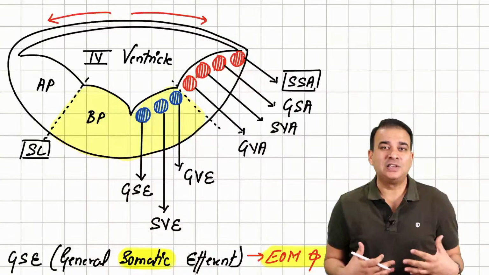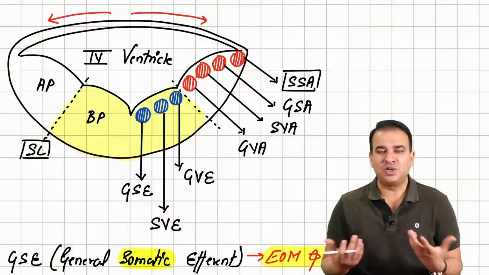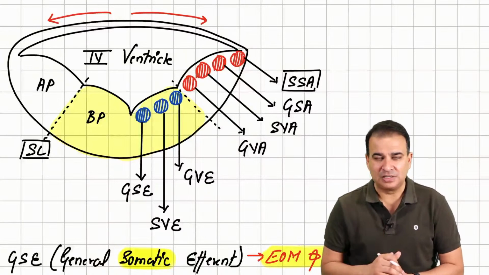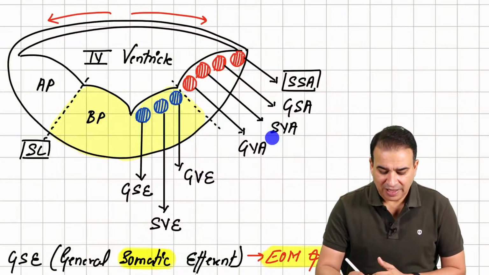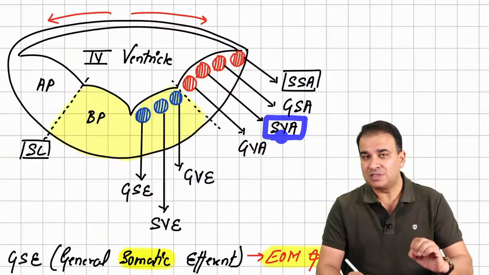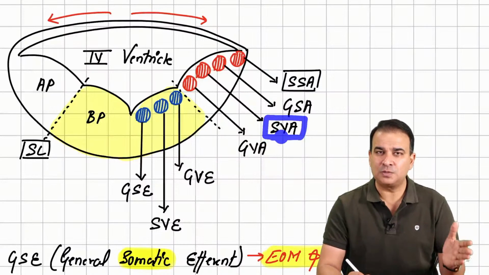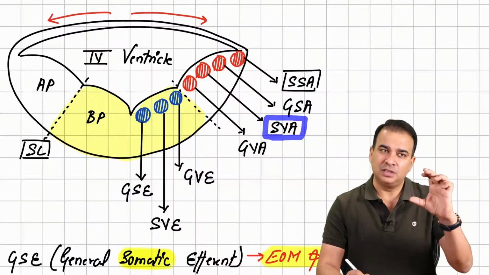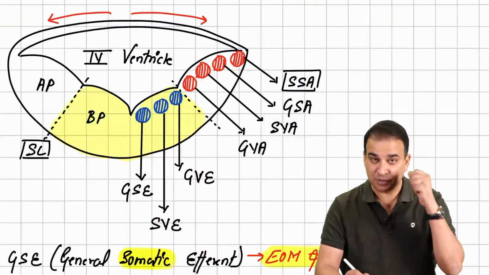I told you distension of the stomach coming from the intestine. General sensation. The temperature of the coffee, I gave as an example, general sensation. Then we have SVA, special sensation from viscera, but the only special sensation from viscera is what? Taste. Taste is the only special sensation which will be from the viscera. So the SVA column will only have the nuclei which are responsible for taste sensation.